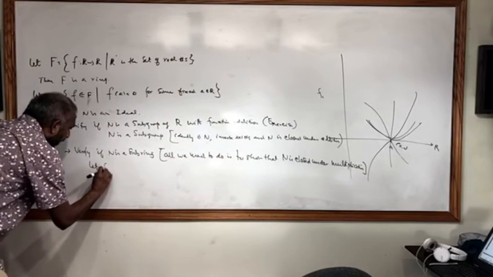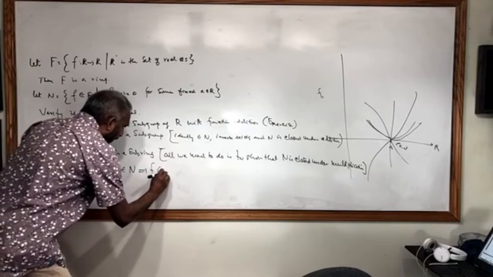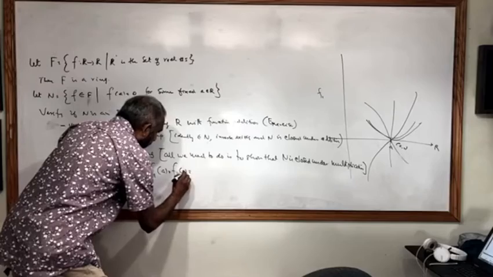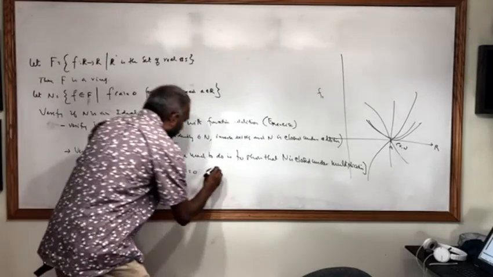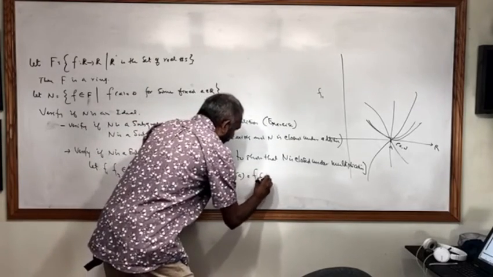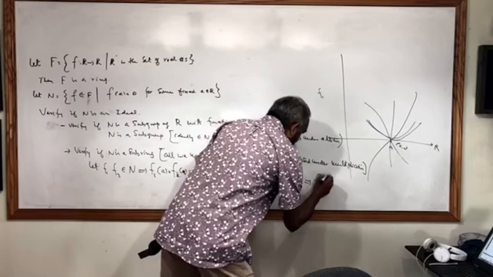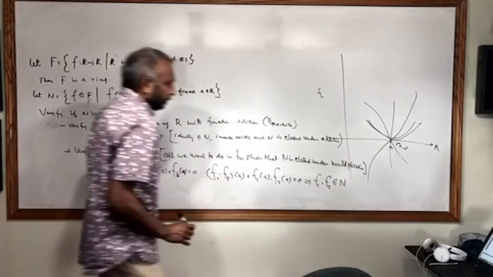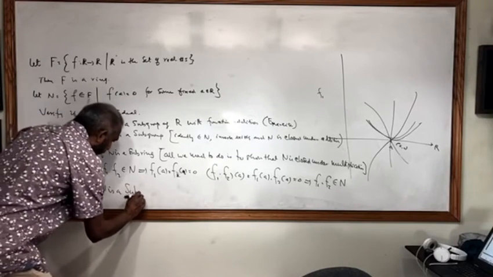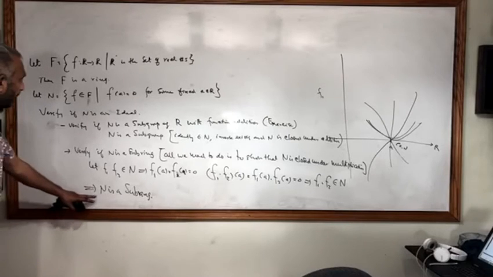So let f1, f2 belong to N, and that implies f1(a) = f2(a) = 0. So (f1 f2)(a) is equal to f1(a) times f2(a), and that is equal to 0, implies f1 f2 belongs to N, and that implies N is a subring.